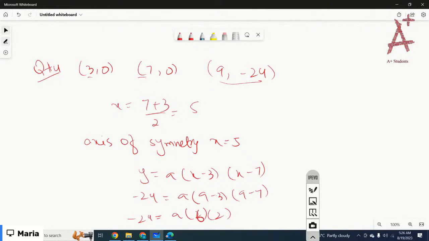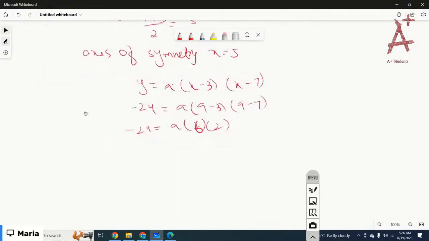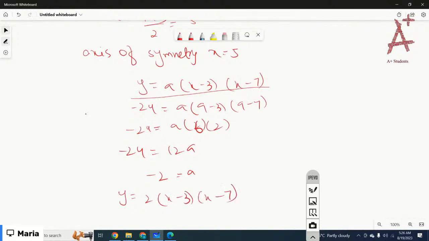So it would be negative 24 equals a times 12. 12a equals negative 24, so a is negative 2. So the equation is y equals negative 2 times (x minus 3) and (x minus 7), right?